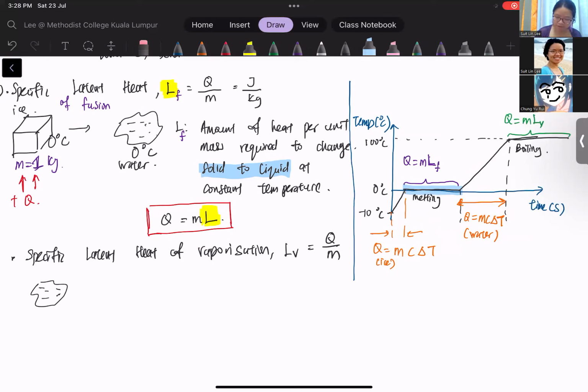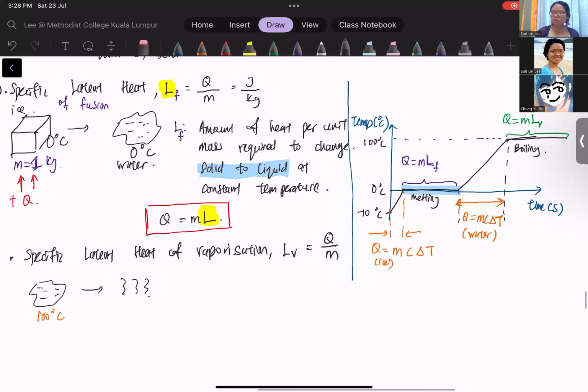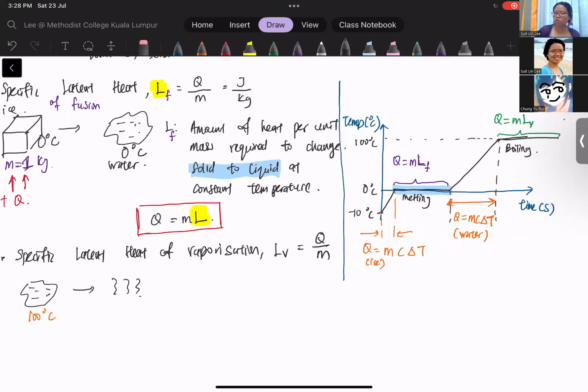Okay. So for example, this one would be 100 degrees Celsius liquid. We'll change this to 100 degrees Celsius steam. And after that, you continue to become hotter, you just continue. So you find this boiling. This is 100 degrees Celsius. So 1 kg water, 1 kg steam.